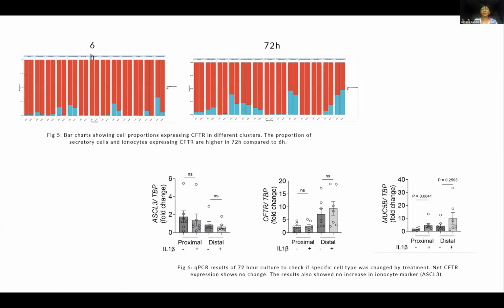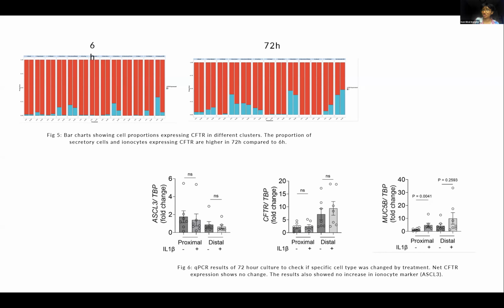The interest was to look at secretory cells versus ionocytes, so we found qPCR results to see if the ionocyte number went up. ASCL3, which is an ionocyte marker, showed us that there was not particularly any increase in the ionocyte cell numbers or markers.